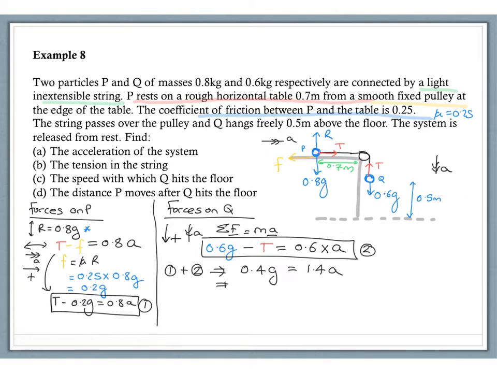This allows us to work out that the acceleration is neatly 2.8 meters per second squared, which answers part A. We can then substitute that back into either equation, which gives us a value of the tension as 4.2 newtons. Make sure you show your working and calculate it carefully.